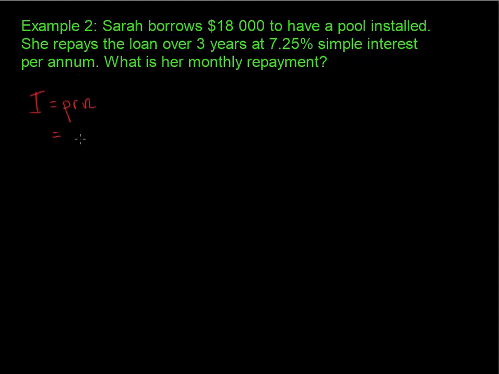This time the principal's 18,000. The rate is 0.0725. Don't forget to always divide this percentage by 100 to turn it into a decimal. And the number of years is 3 years. If we work that out, the total amount of interest she has to pay is $3,915.